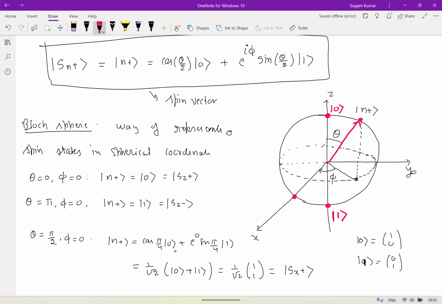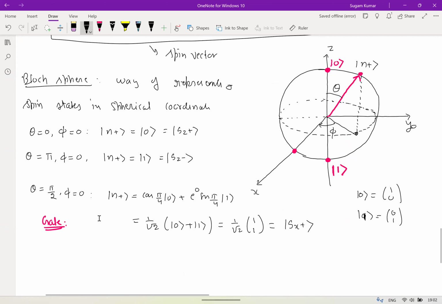So you can see that at this position, I'm just trying to spend some time on the Bloch sphere because once you are comfortable with all the positions, it becomes much easier for us to deal with it when I discuss qubits and gate operations. When I talk about a gate in a quantum computing system, gates are nothing but operators which are rotating this vector. Which vector? This |n+> vector. For example, think about the Pauli X gate.